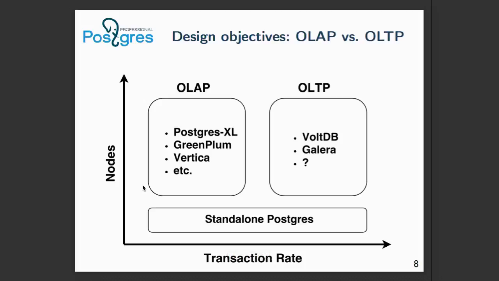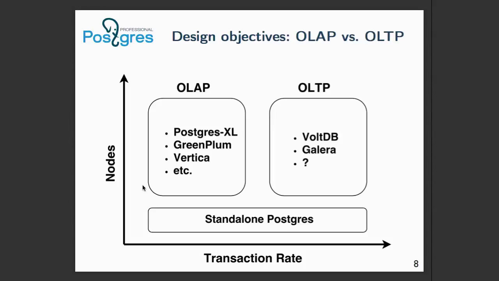So let's talk about some design objectives behind that. If we look at different clustered databases generally, we can identify two big branches. One of them is created for analytics and the other for transaction processing.